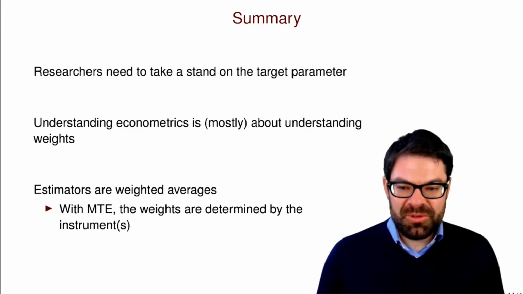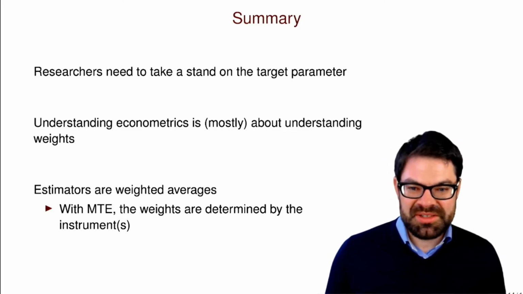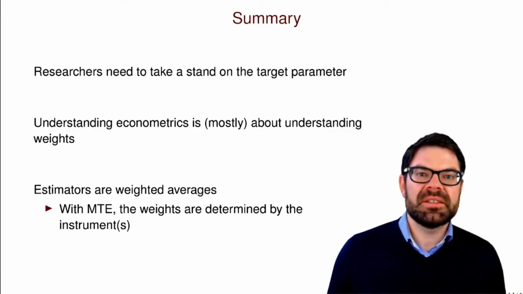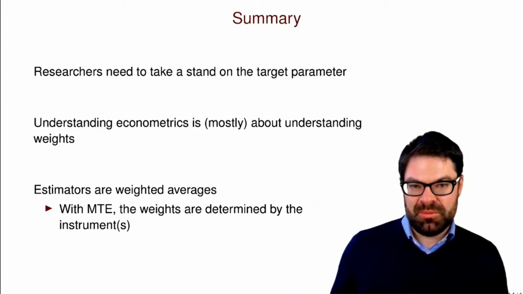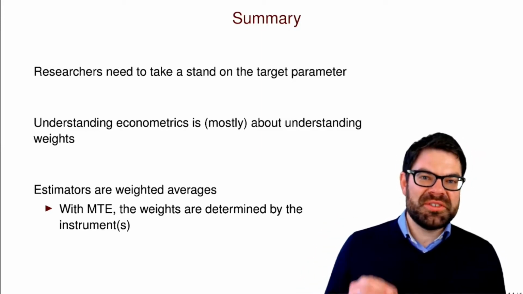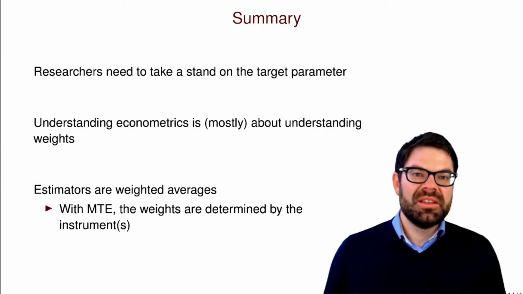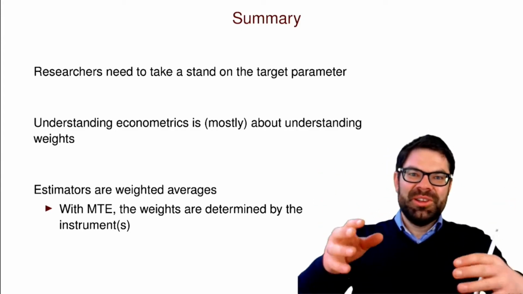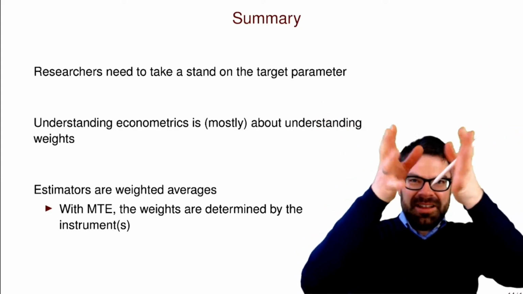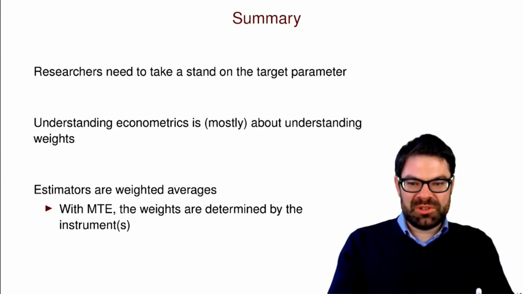Now, here's a general word of advice. When you do econometrics, understanding econometrics, especially this branch of econometrics that we're doing here, causal inference, is mostly about understanding weights. Most, if not all, estimators work like a funnel. We put data in and we condense them into one or a couple of numbers.